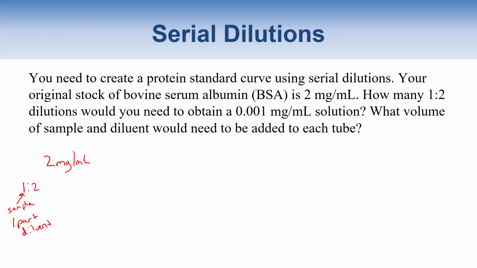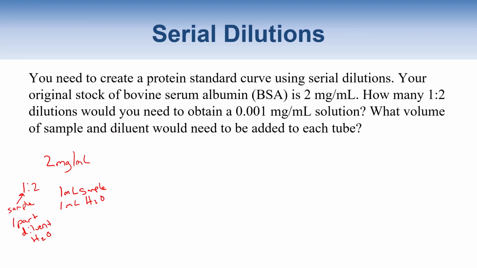In this example, since we're dealing with mls, we would probably say 1 ml of the sample is added and 1 ml of the diluent is added, which is usually going to be like water, so we'll just put water in here. So that's how much we're going to add to each tube.